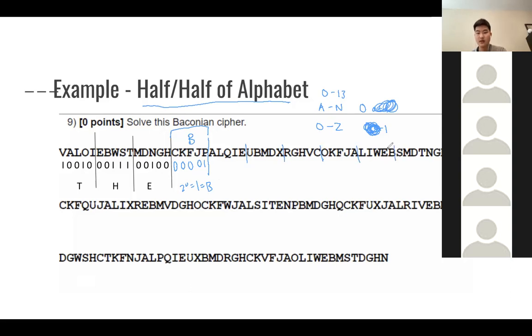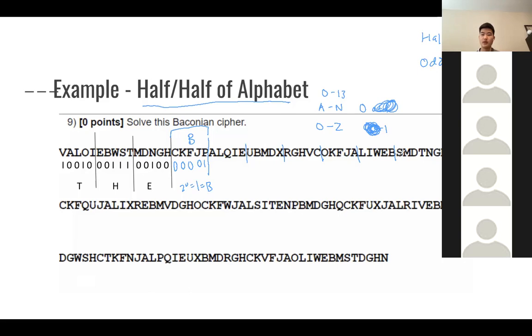And generally, it's really annoying. Test writers don't tell you how the Baconian is mapped. So if you see letters like this, barring any really annoying stuff, it's either going to be split half and half, odd and even. Odd and even as in Z is considered odd because Z maps to 25, which is an odd number, while U is even because U maps to 20, which is an even number.